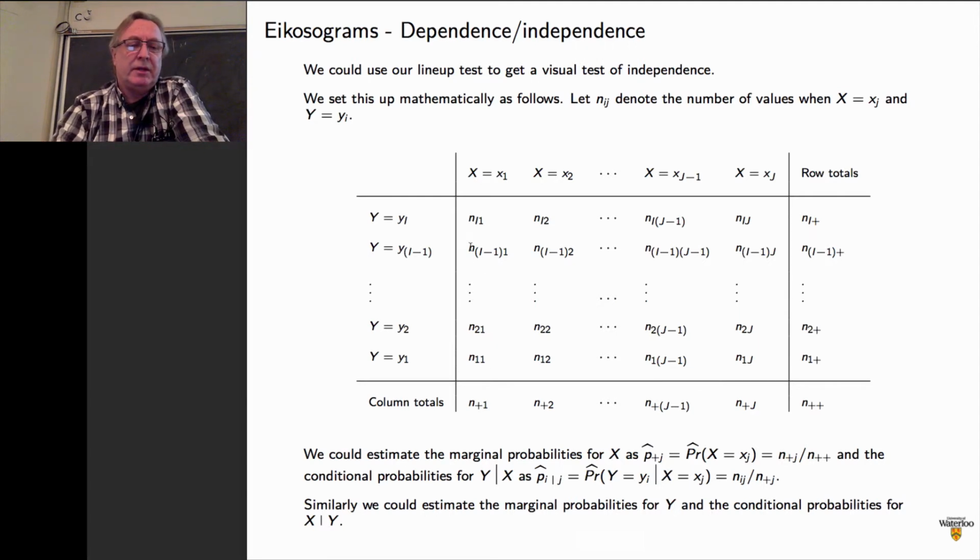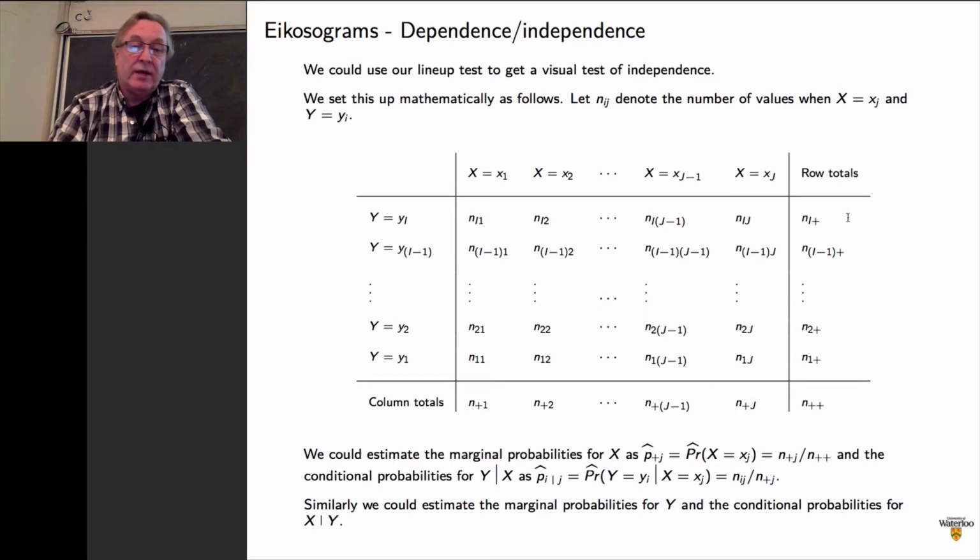Estimate what the probability that y takes on value y1 is: it's how many did I see in that condition divided by the total number of values available that all have x equal to x1. So this over that is going to give me the conditional probability of y given x, and I can do it for x equals x2. It could be a different conditional probability. For x equals xj, a different conditional probability.